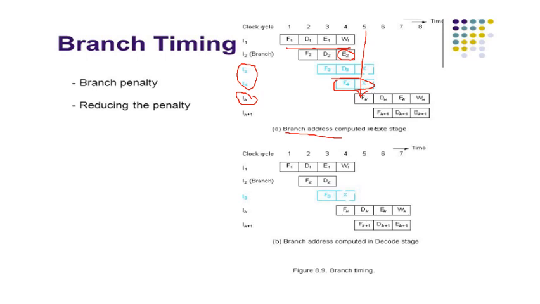With this additional hardware, both of these tasks can be performed in step D2, leading to the sequence of events as shown in figure B. In this case, the branch penalty is only 1 clock cycle.